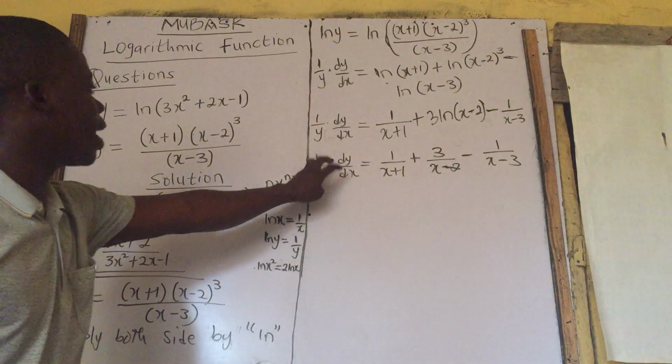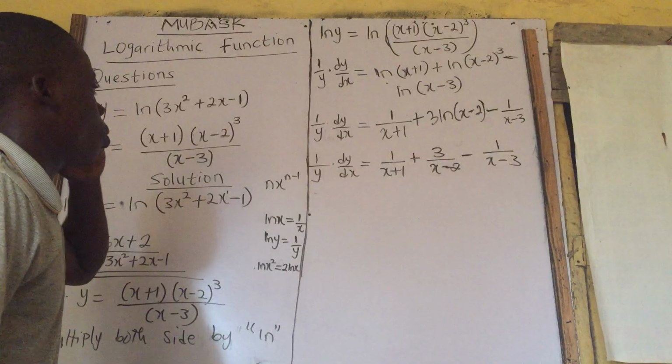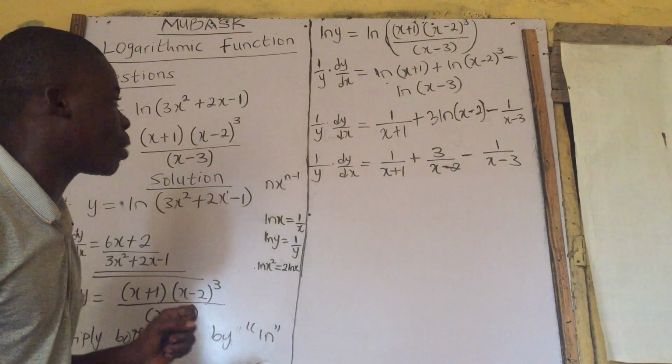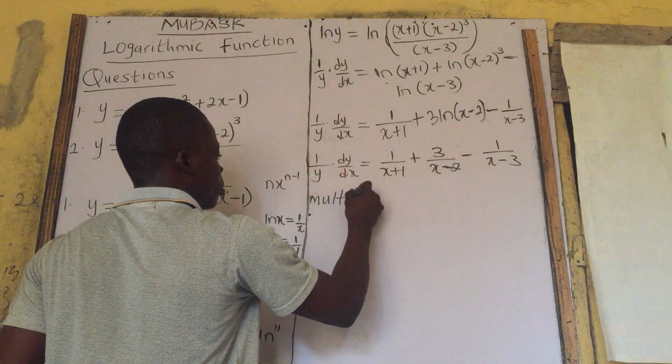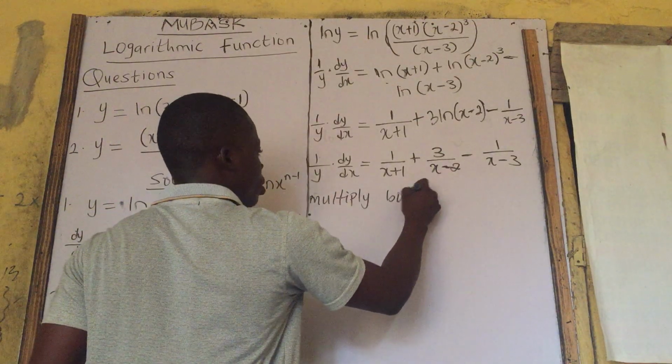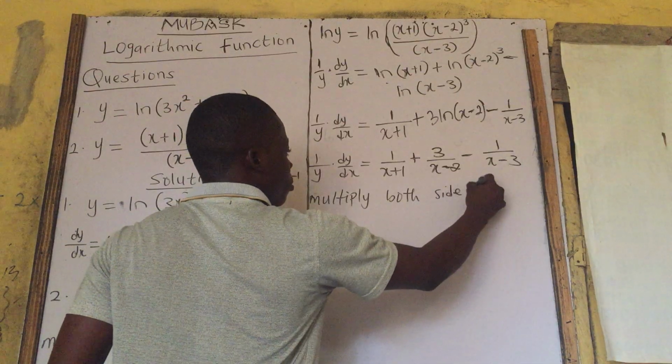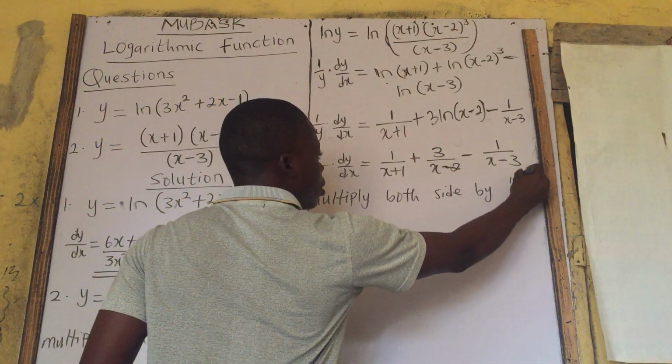So to obtain the dy all over dx only, we have to multiply both sides by y.